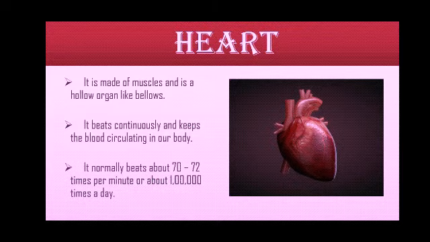The main function of the heart is beating continuously and keeping the blood circulating in our body. Our heart keeps blood that is full of oxygen circulating throughout our body.